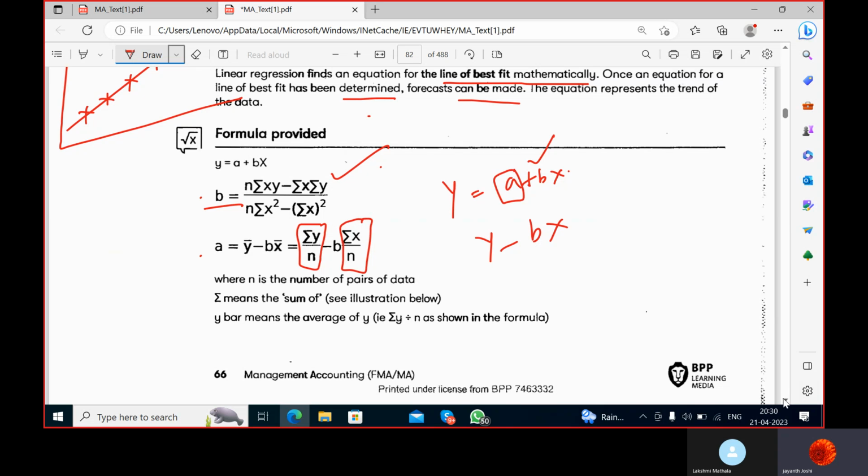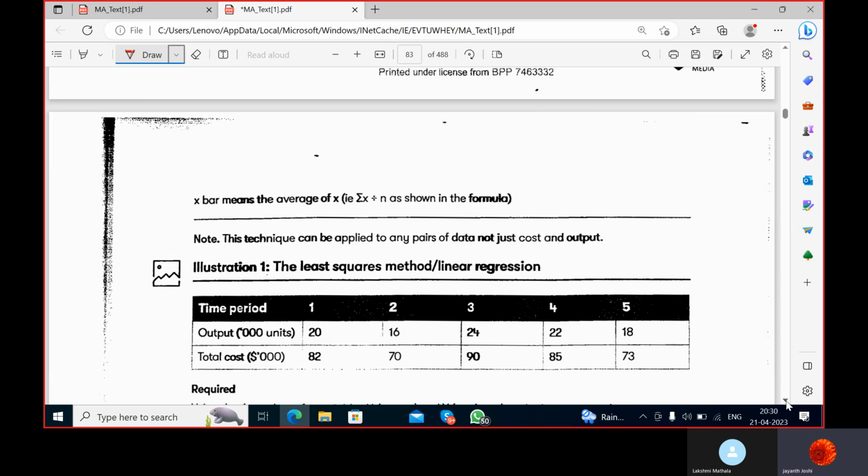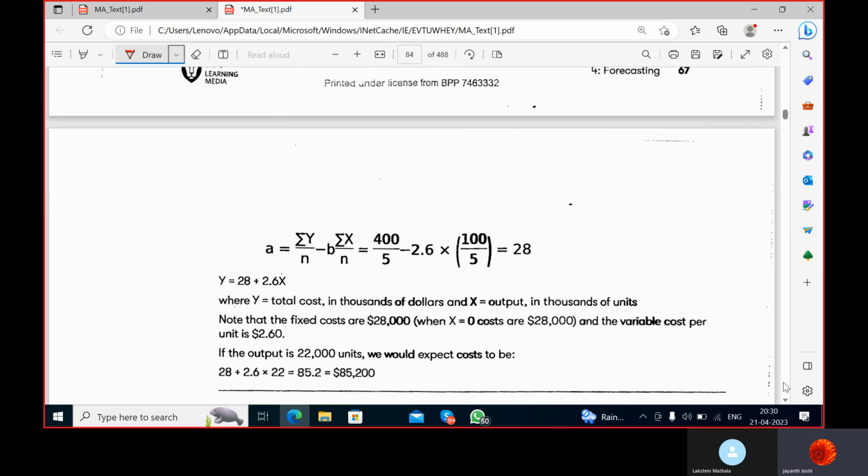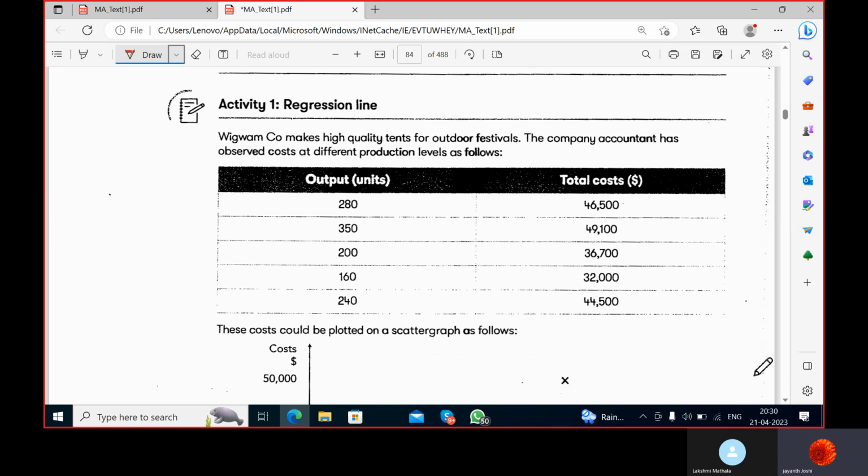Just make a note of this, Hamsika, and we will solve a question right now. Okay, we will make a regression equation and we will try to find out our cost. Fine.